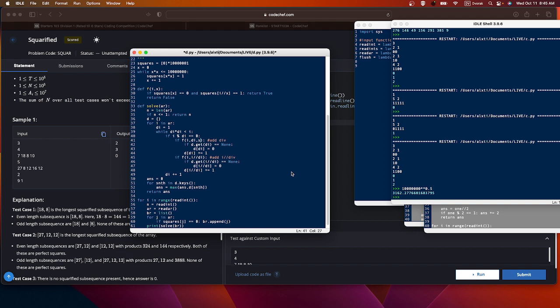Is it doing an invalid reference? That's the only thing I can think that's doing.